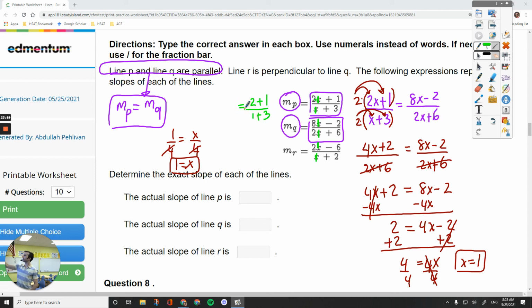If you add the top, 3 over 4 is the slope of line P. We know that P and Q are parallel, right? That means their slopes are equal. So Q will have the same slope. You don't need to plug it in and calculate it. And then since R is perpendicular to the other two lines, flip the fraction and change the sign. The original sign was positive, flip it to negative. And that's all you need.